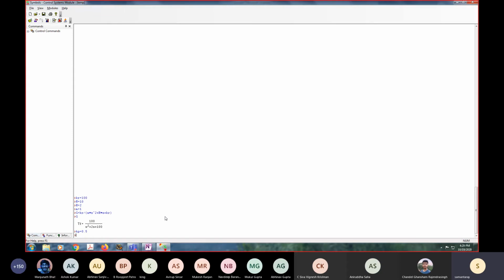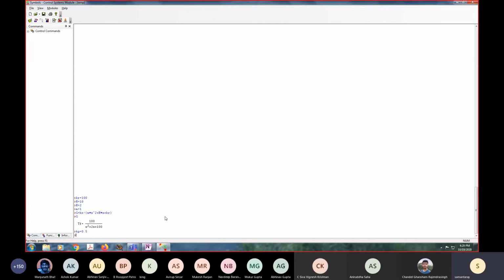So you see s square plus 2s. There was m s square plus R s; in place of R, 2 has come. Resistance is 2. Steady state error is not dependent on that R value.